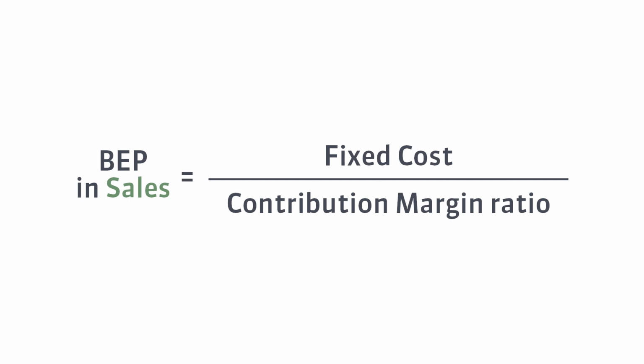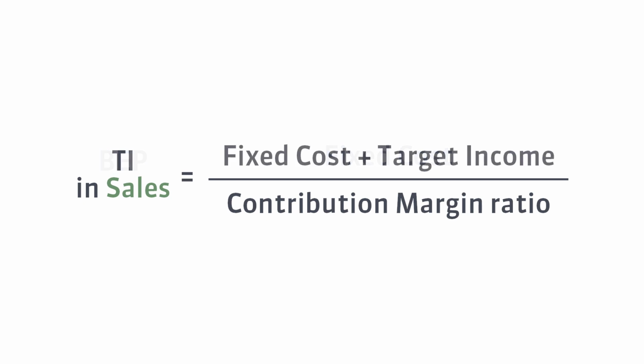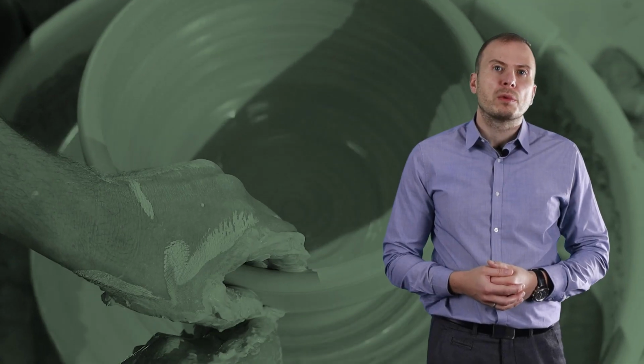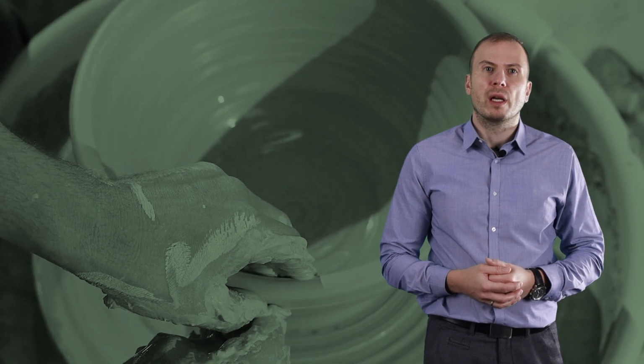The formula for target income also needs to be changed. Also in this case, we need to add the target income to the fixed cost. Since we already know how to calculate the target income, let's practice it by analyzing an example.